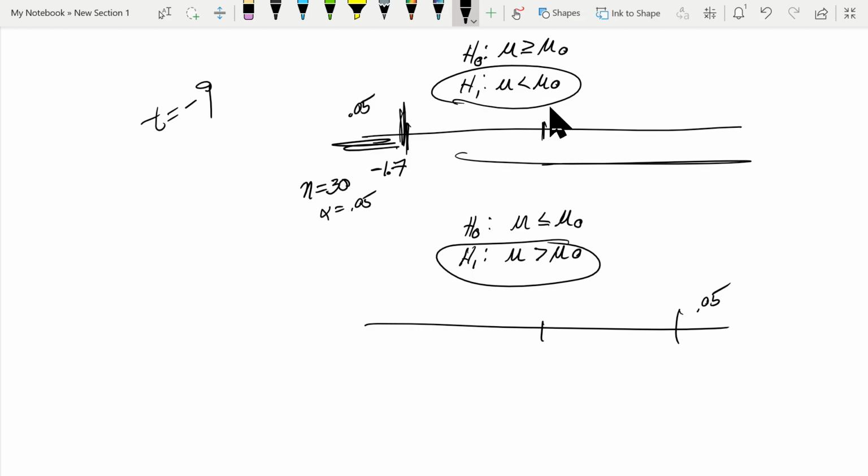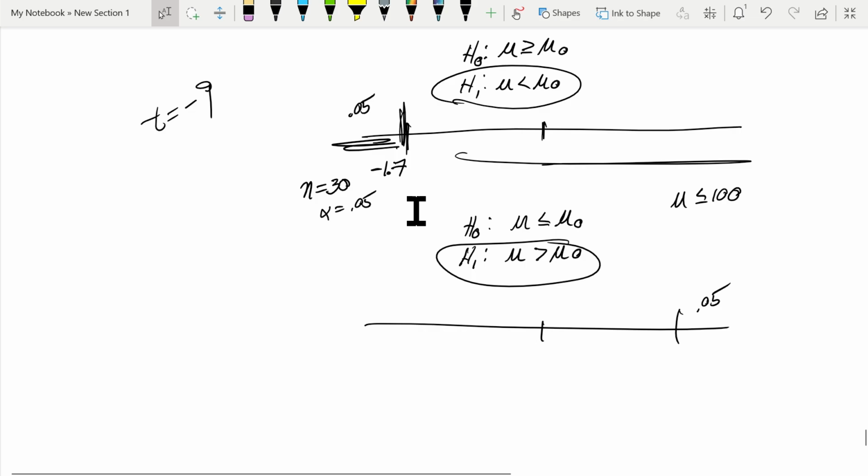For example, here, I hypothesize that the fertilizer is 100 bushels to the acre. Mu is less than or equal to 100.